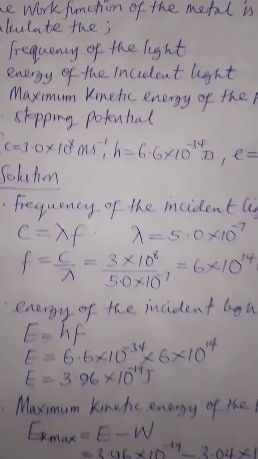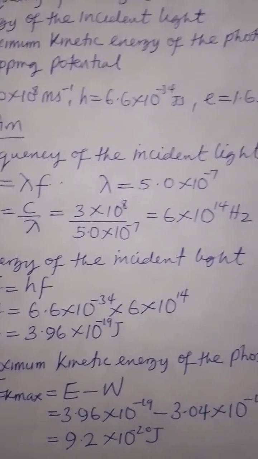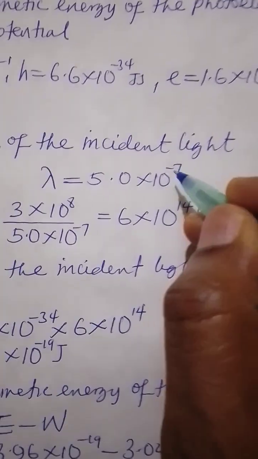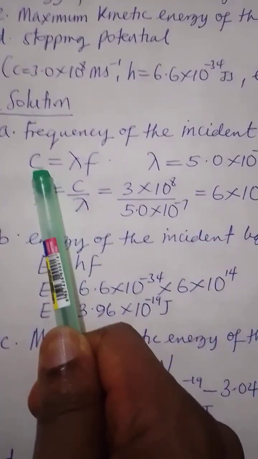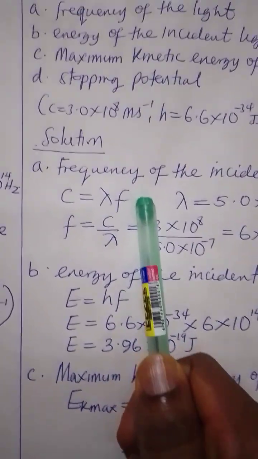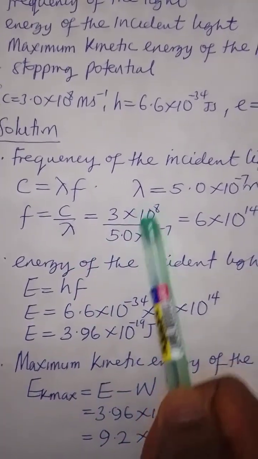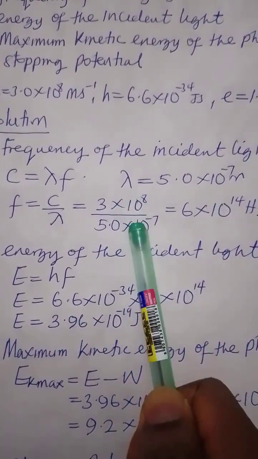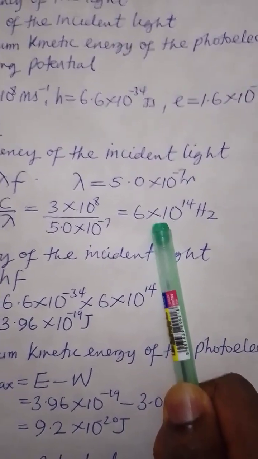So the wavelength of the light shining on the metal is 5.0 times 10 raised to the power minus 7 meter. So then remember, c is lambda times frequency. So we can get the frequency by saying c over lambda. And then we put in the necessary parameters, the speed of light and the wavelength. That will give us 6 times 10 raised to the power 14 hertz.